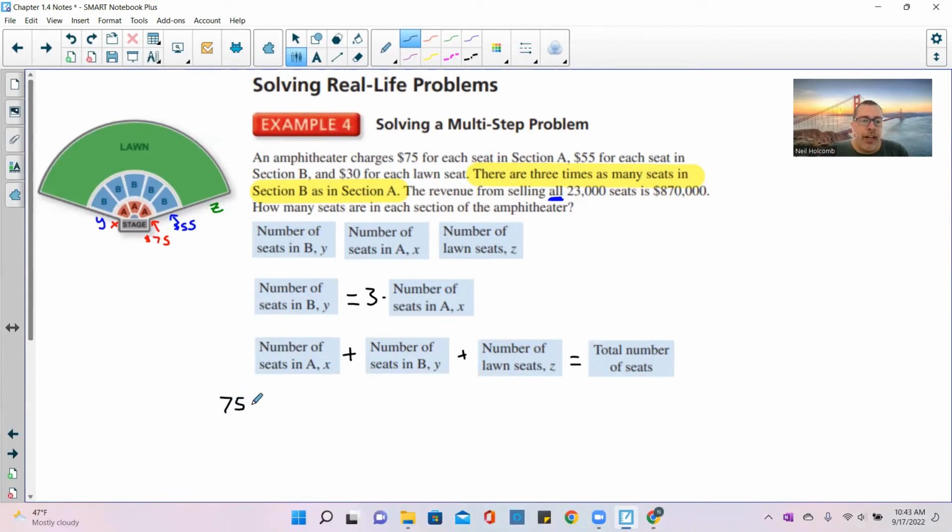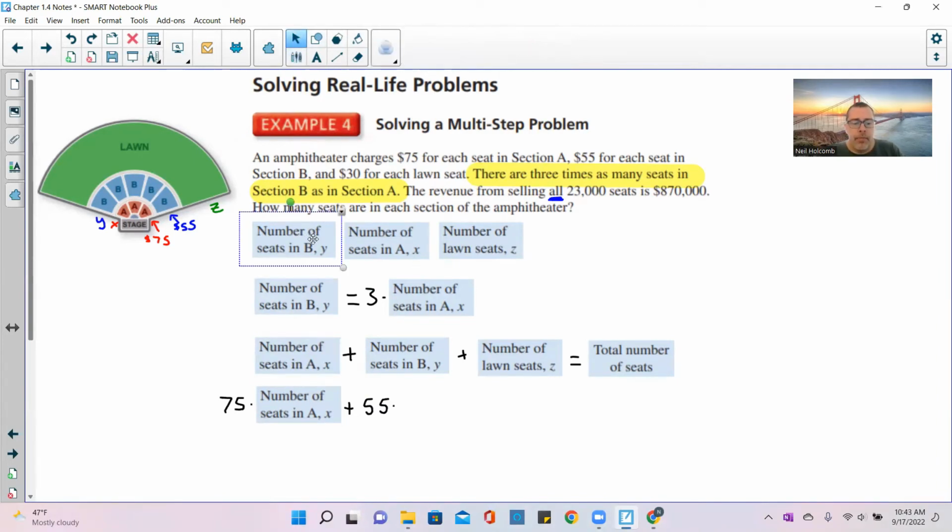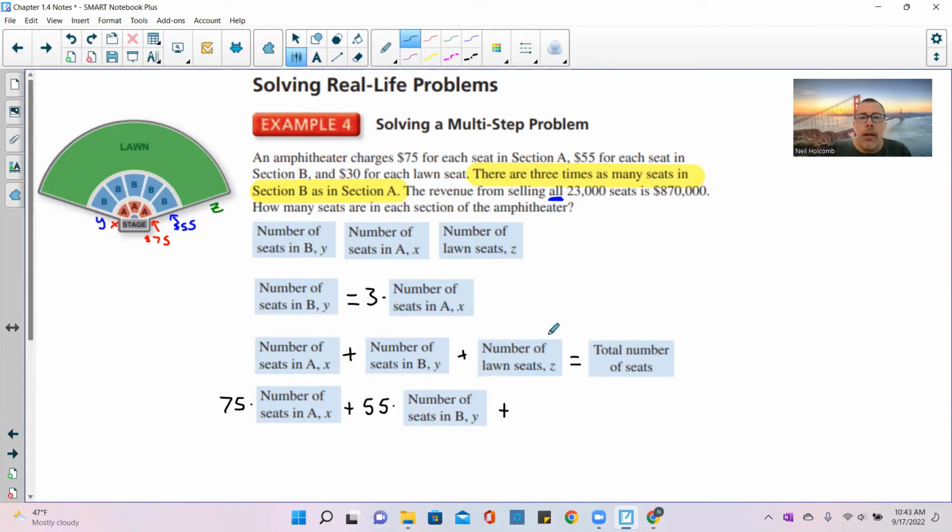We're going to take $75 times A, because each seat is $75. So 75 times the number of seats in A. And we're going to add, and the seats in B are $55, so it's going to be 55 times the number of seats in B. Plus $30 for each lawn seat, right here.